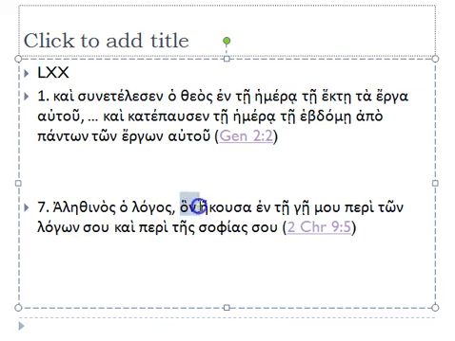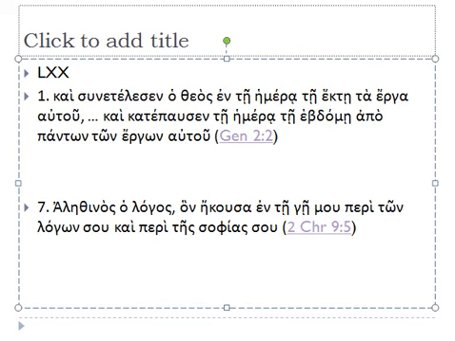Then you have to look up hon, that's a relative pronoun, which, the word is true, which I heard, en te gei mou, in the land of me, in my land, peri ton logon sou, about the words of you, about your words, kai peri tes sophias sou, and about your wisdom.